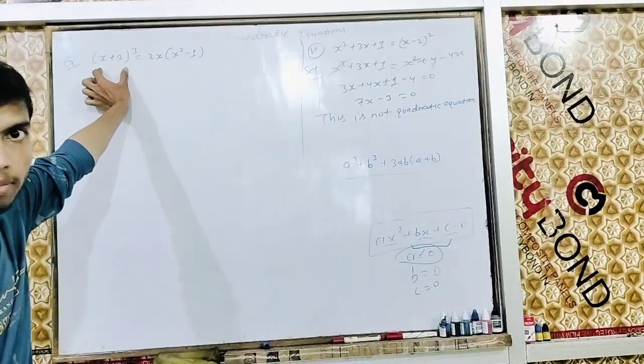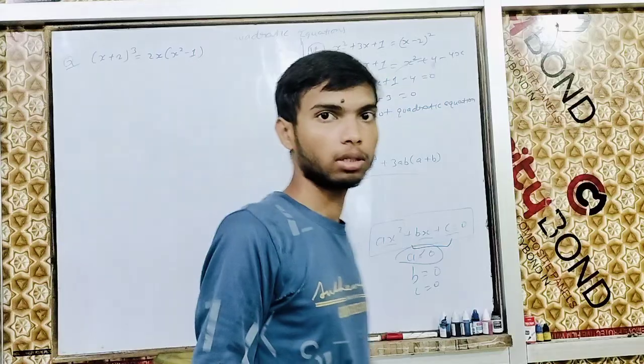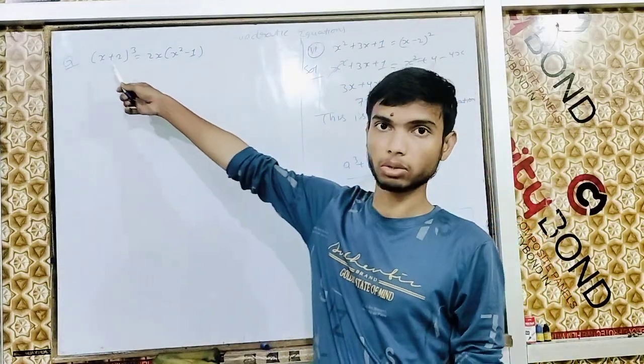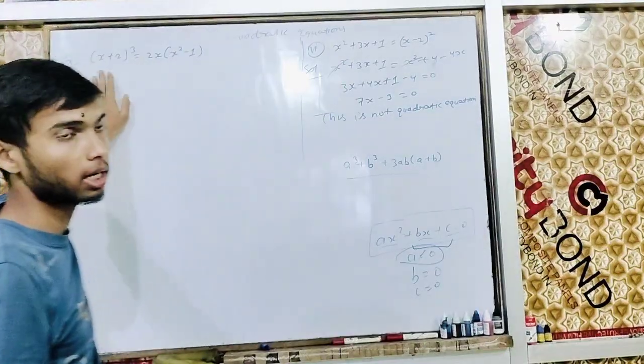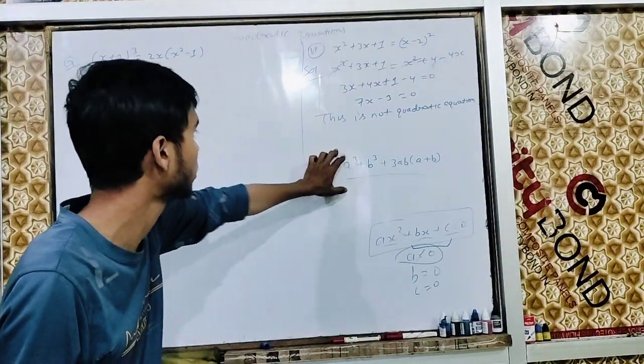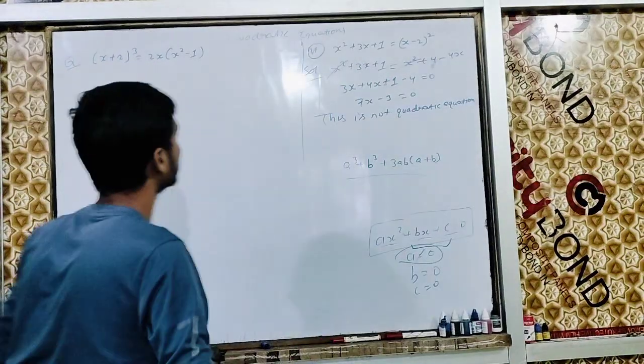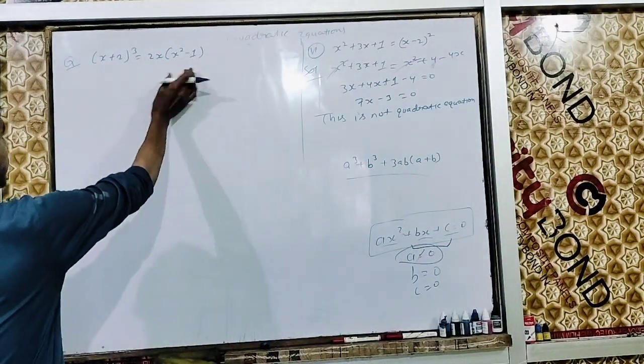This base is raised to power 3. So here we will apply algebraic identities, which will be this. It is equal to this.